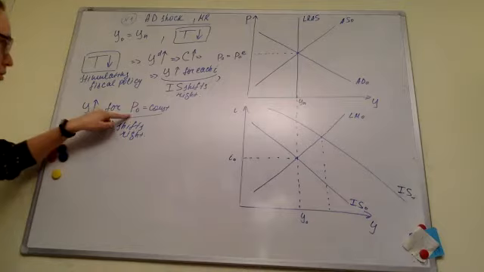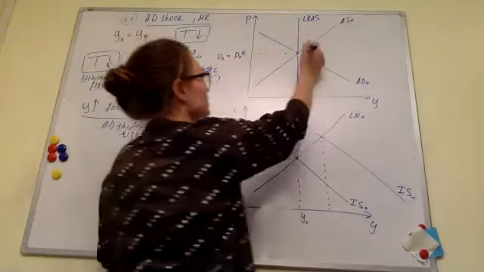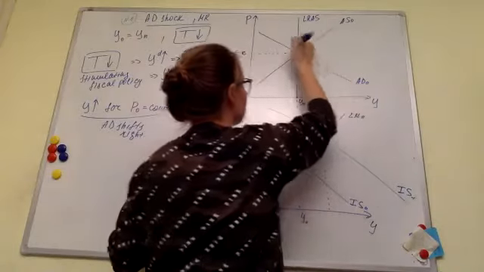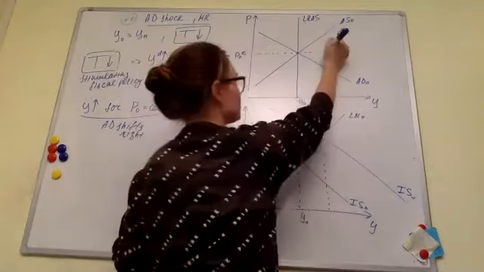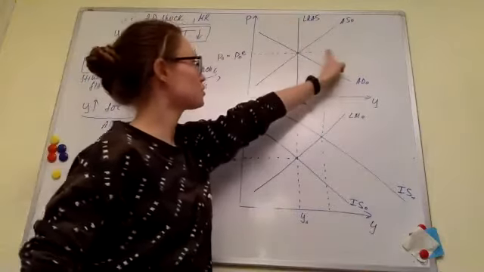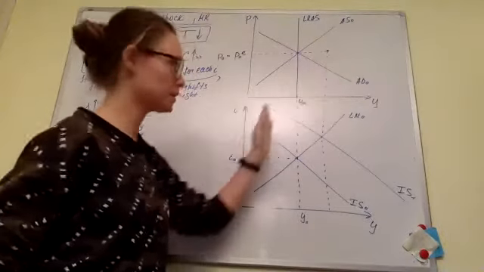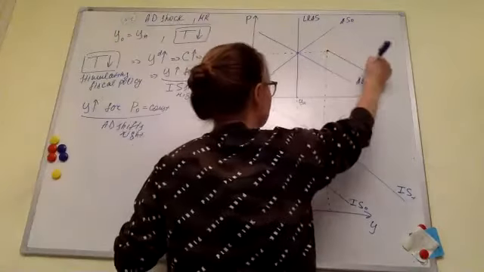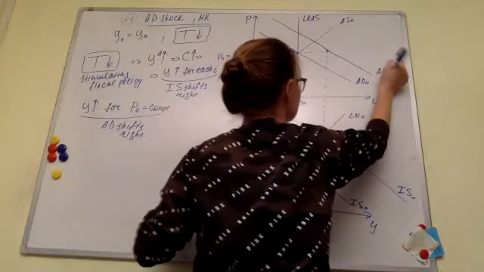So for our constant price level, output now is higher. So the new aggregate demand curve should include this point. Price level is the same, but output is higher. This is the new aggregate demand.